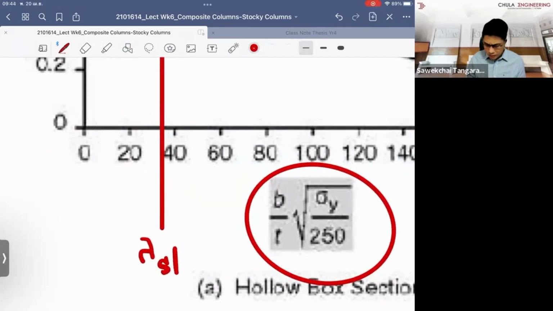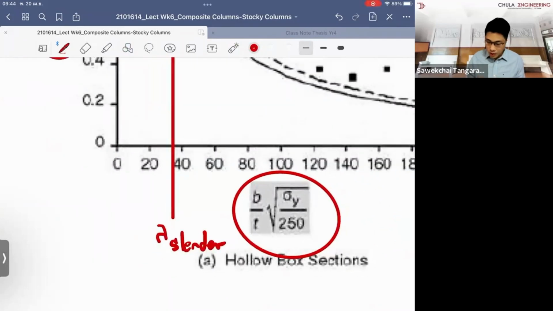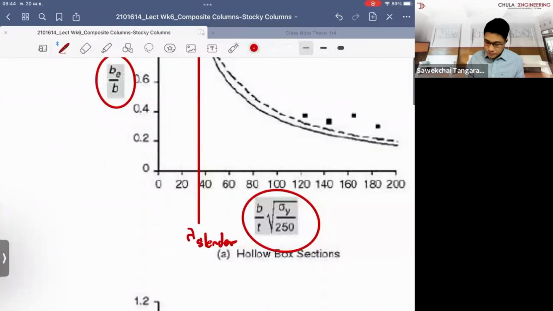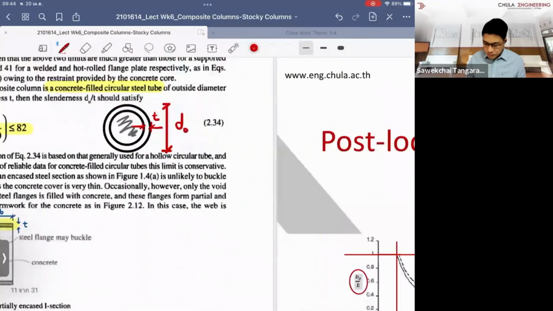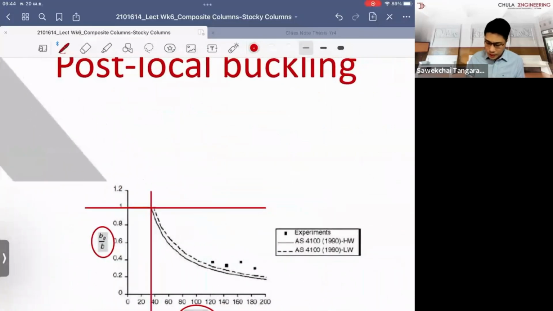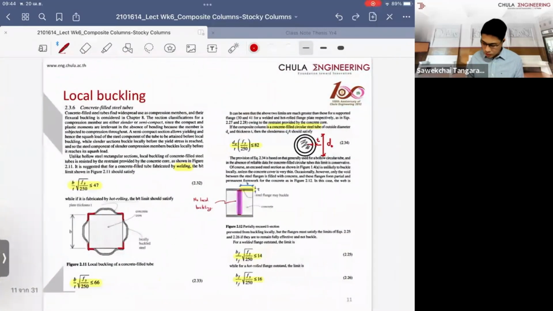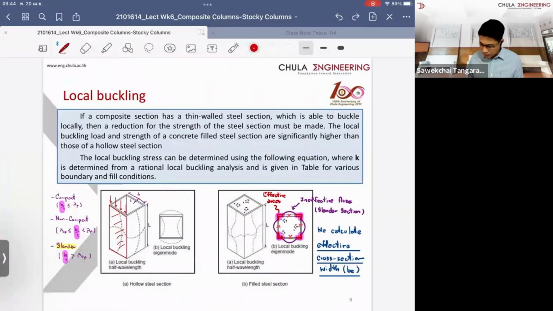I cannot remember exactly what they call it, but you can look at the code. I think I wrote it somewhere in the notes here as well. Let me have a check.